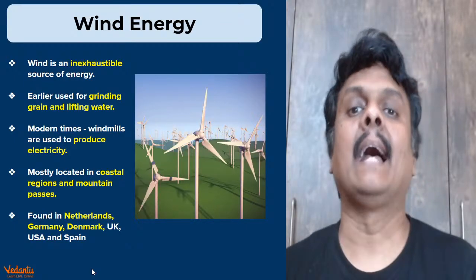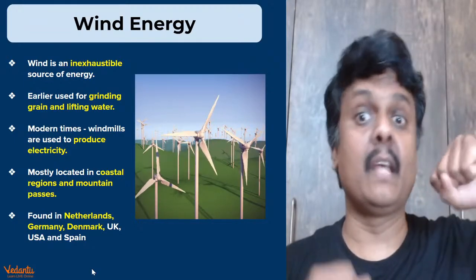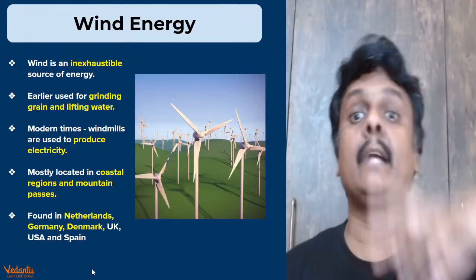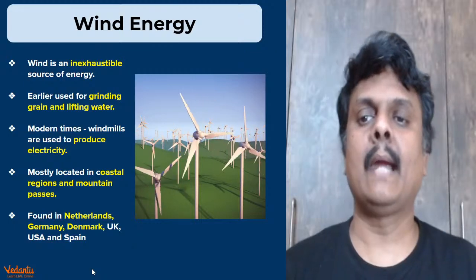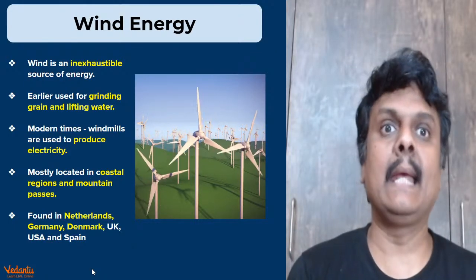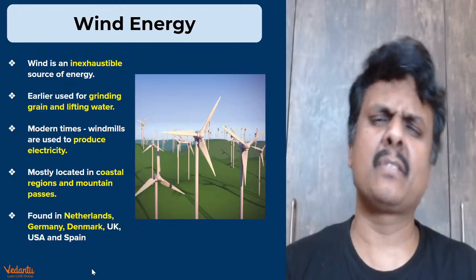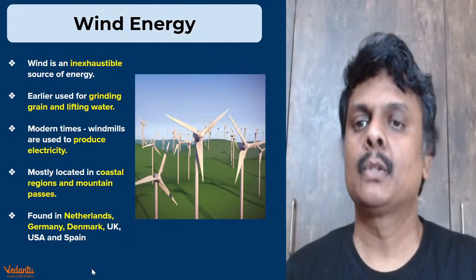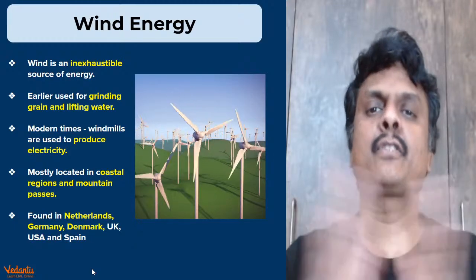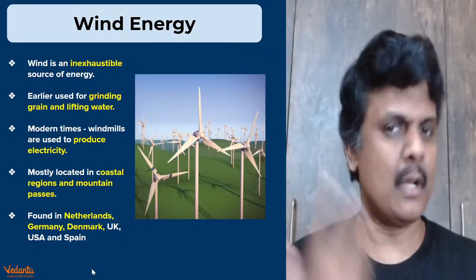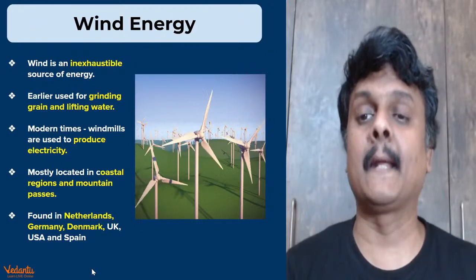When they rotate, and they are very heavy, guys, trust me, they generate electricity. This electricity is used for industries and multiple places. It is inexhaustible. It doesn't get dried up at all, because air and wind is something which you keep getting.